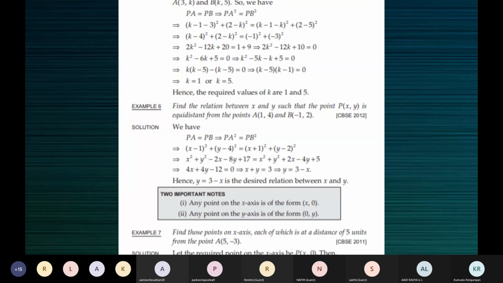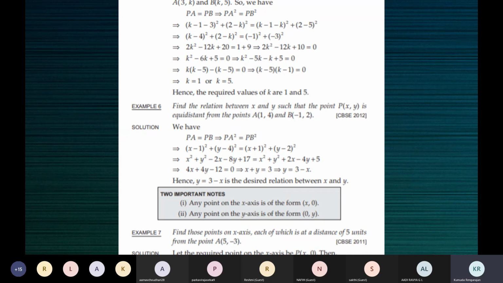Please work example 7. Find those points on the x-axis, but you assume one point.